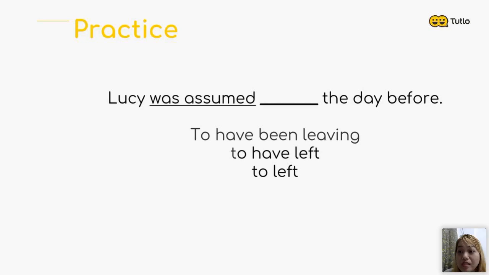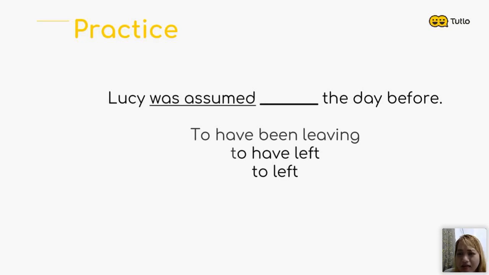Lucy was assumed blank the day before. What do you think? Yes, anyone? Let's see here. Okay, Renata. Oh, we have 19 people now. Really nice. Ivana, Alicia, Monica. Yep, let's see. To have been leaving.